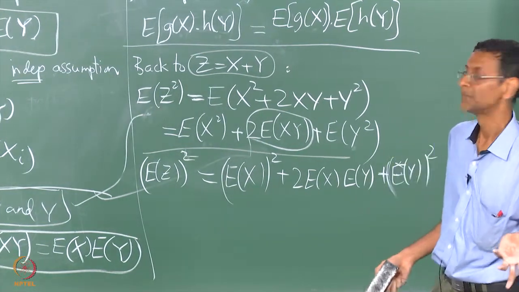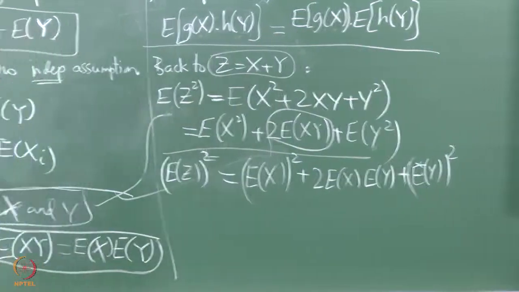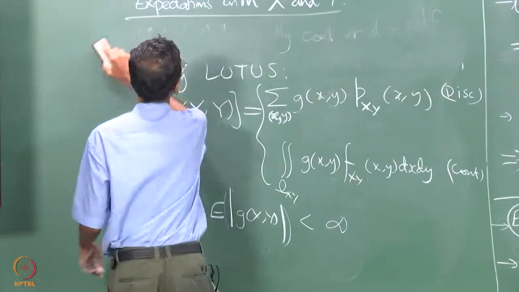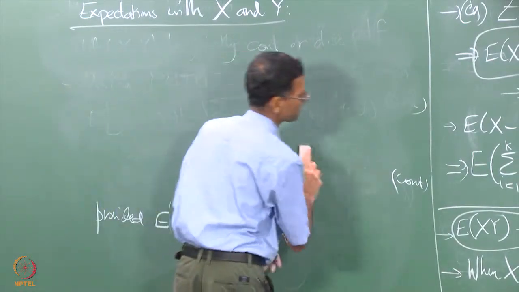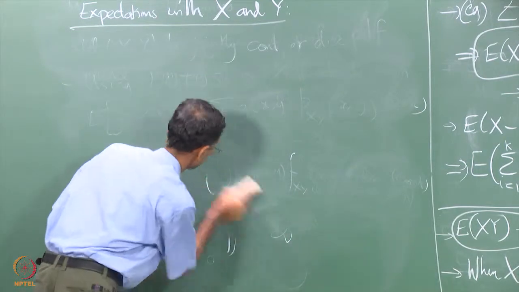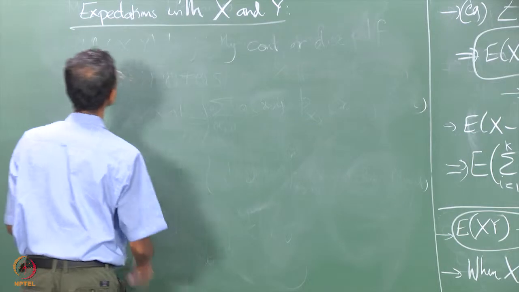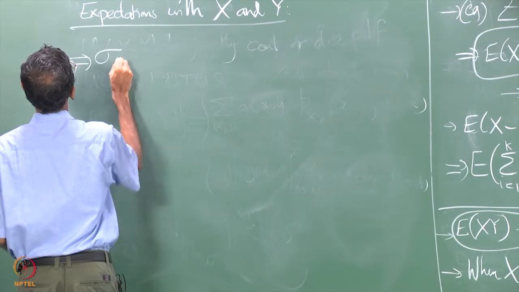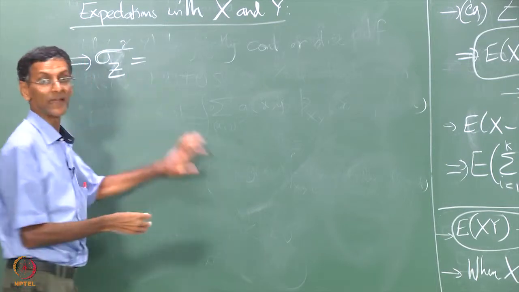Correct? So now if I take the difference, what do I get? I think I can go back here. Sigma, the variance of z.